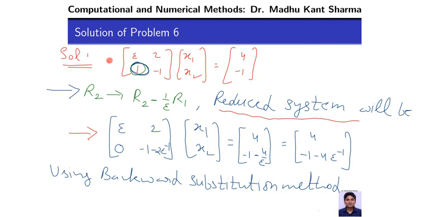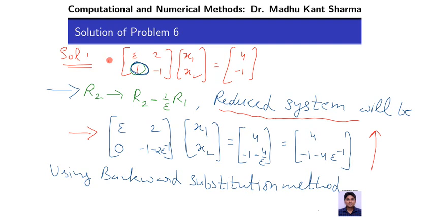Now this is in upper triangular form. This is a special case where the matrix A is upper triangular, and for solving this system we use the backward substitution method.